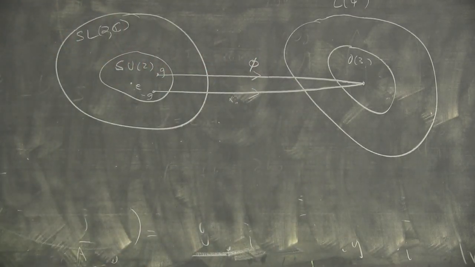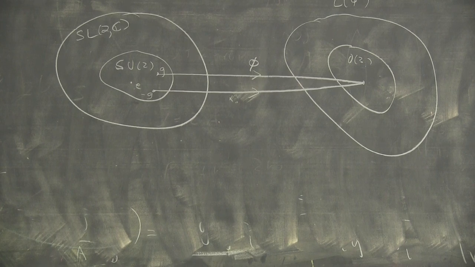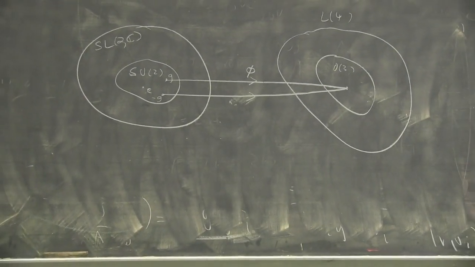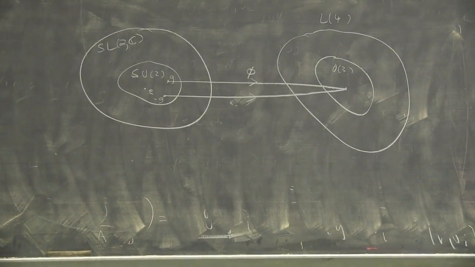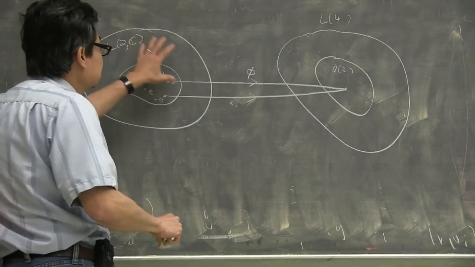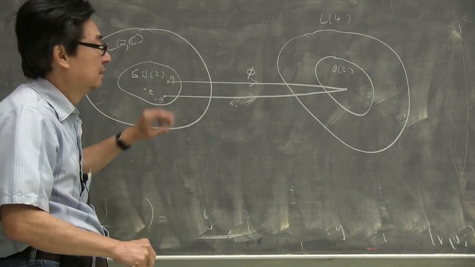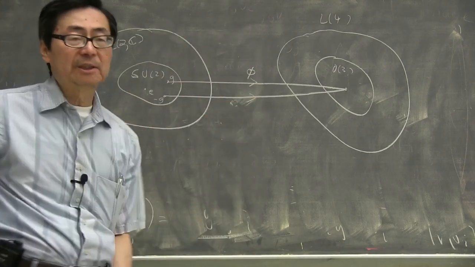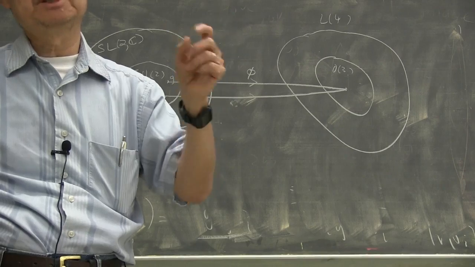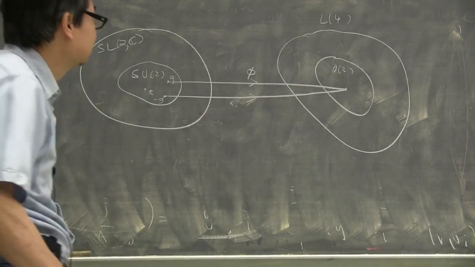Now, actually later, we haven't proved it, it's a long involved proof, but according to what I told you 10 minutes ago, the whole image of this SL2C is not the whole of L4. It is only the L plus up.